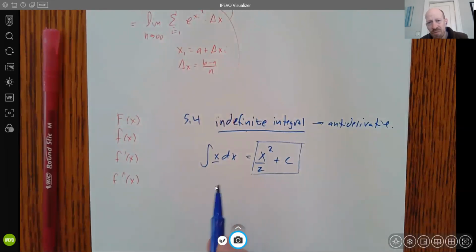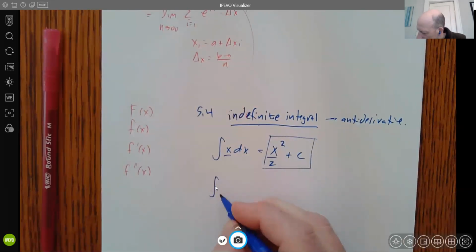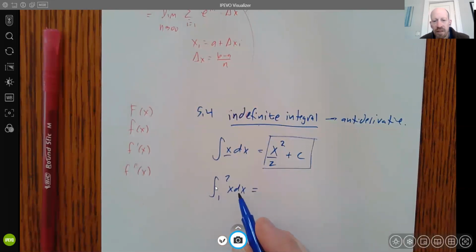But don't mistake these. This, from 1 to 2, is a number. I don't know what it is yet, but I can figure it out a couple different ways. I could figure this one out in all 3 different ways: using the definition, using geometry, or using the fundamental theorem of calculus.